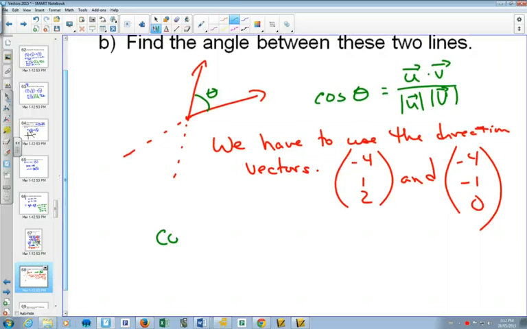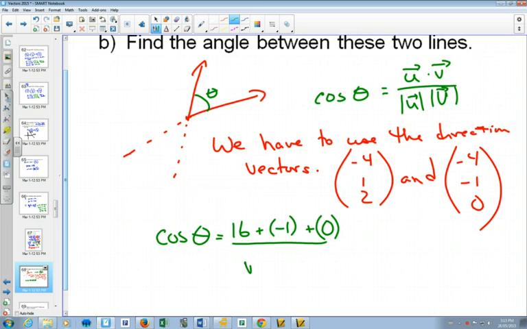So now cos of theta, the dot product would be multiply the components: negative 4 times negative 4 is 16, plus negative 1, plus 0. The length of our first vector would be 16 plus 1 plus 4, square root of 21. And our second one will be 16 plus 1 plus 0, square root of 17.